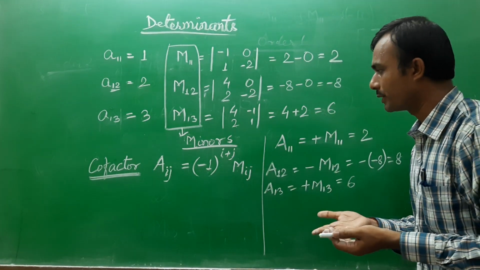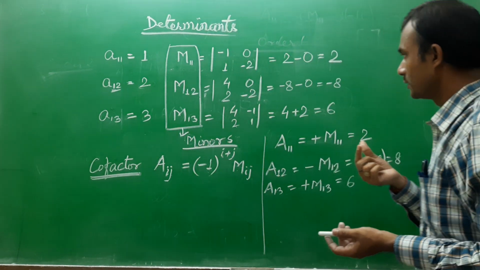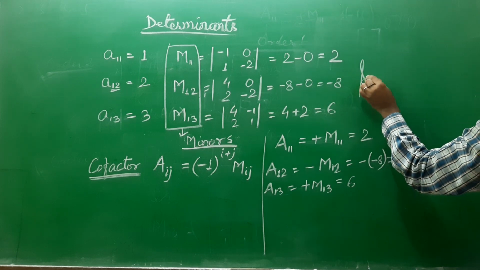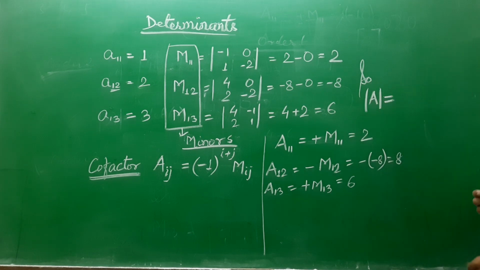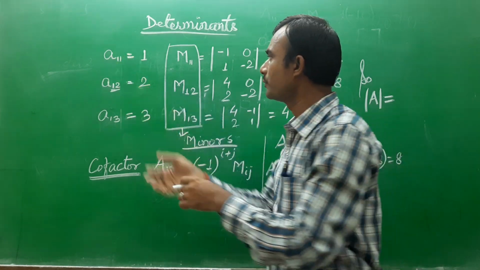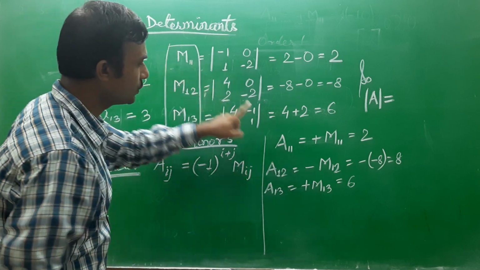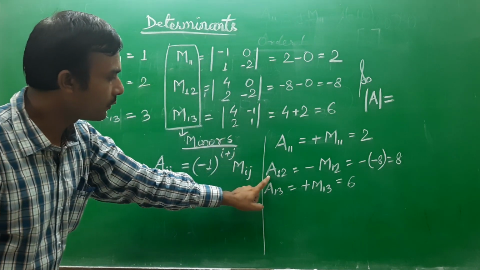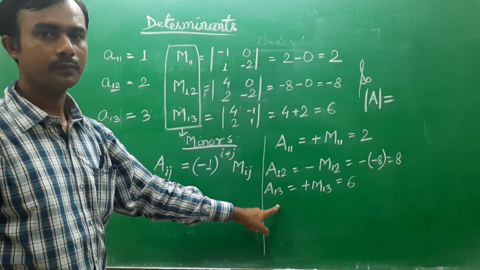Now come to our previous point: to find the determinant of order 3. Determinant of A equals the product of element a11 with the cofactor a11, element a12 with the cofactor a12, and element a13 with the cofactor a13.